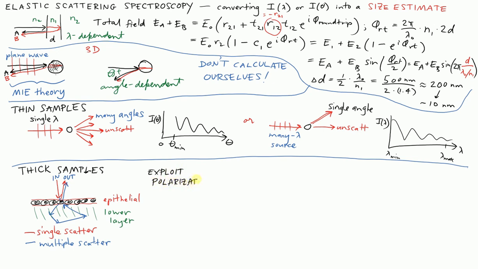So we haven't talked about this up to date in our class, but a light beam can be sent through a polarizer and be polarized so that the electric field oscillations are all in a particular direction. So if we have a single scattering situation, that's the red in, red out scenario there. What's happening there is we can have light coming in, and I'm going to draw this little arrow here to indicate the polarization of the incoming light.